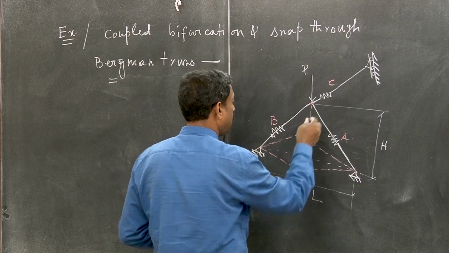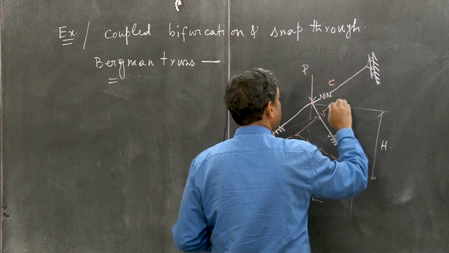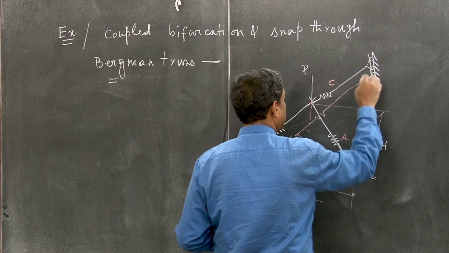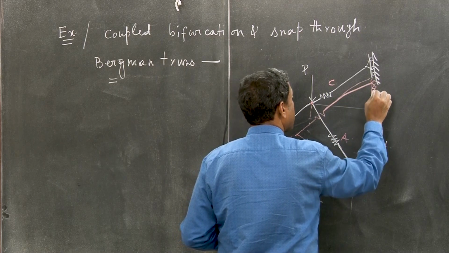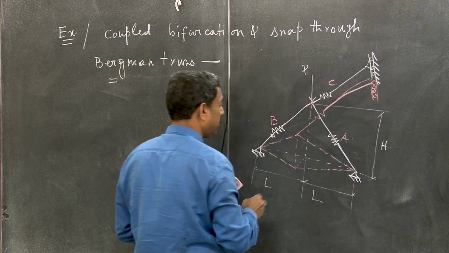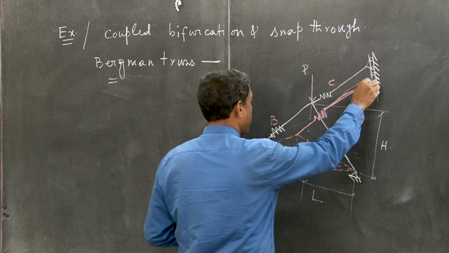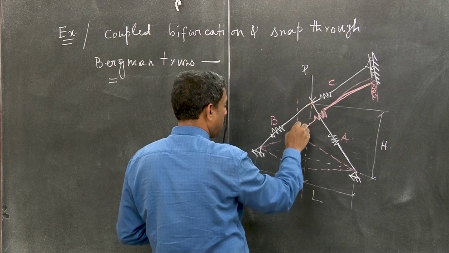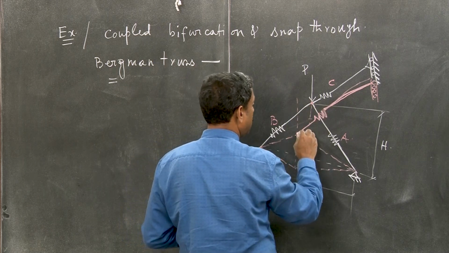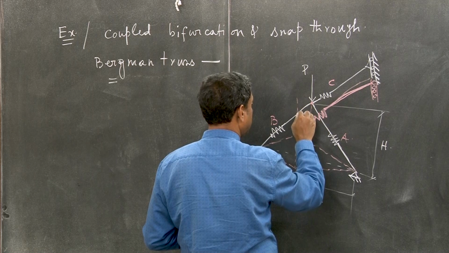And this one, whatever it is coming down, it is coming down somewhere here. So this is the vertical component, this to this.